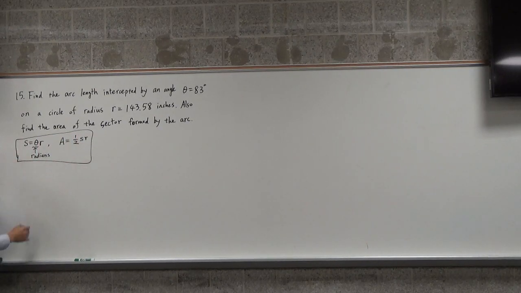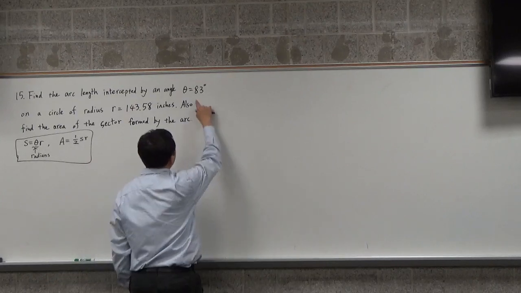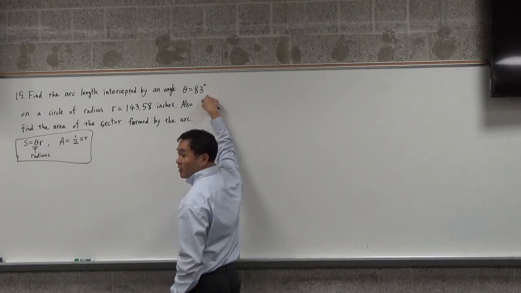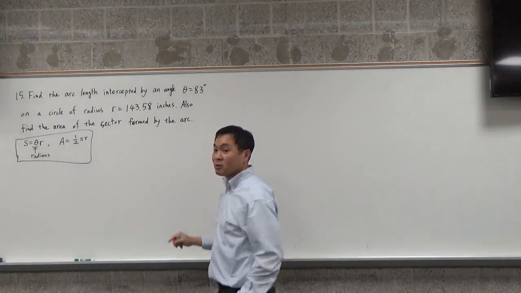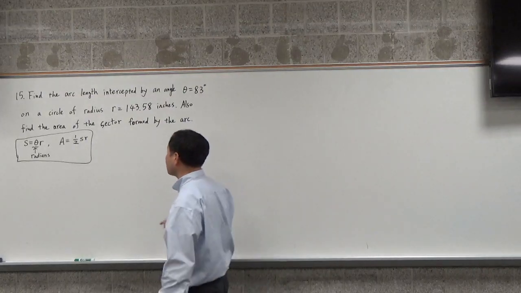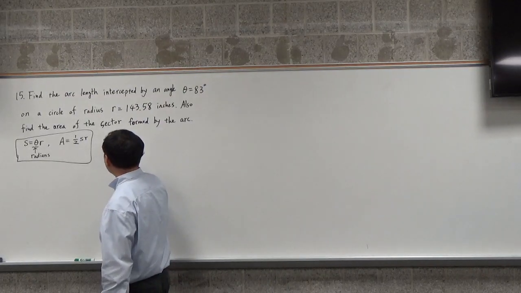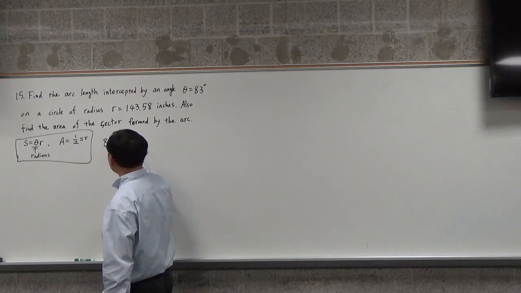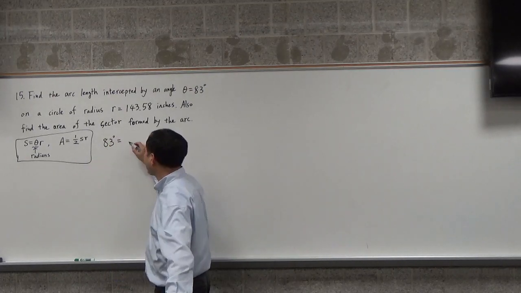So knowing this, and since the question has given the angle in degrees, not radians, you have to first convert it into radians. All right, so how do you convert degrees to radians? Pi radians over 180, right?